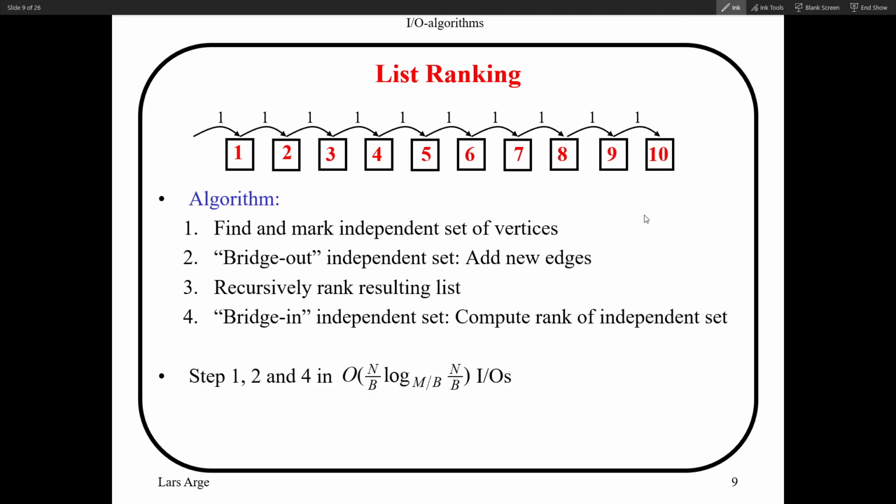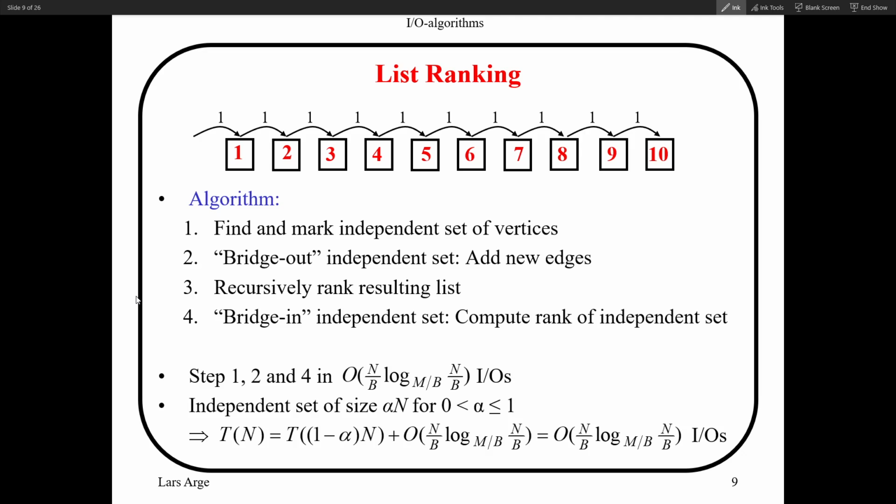And if we can do steps 1, 2, and 4 in sort IOs, then we're done. Step 3 is obviously the recursion step, so there's nothing we can do about that. And then the recursion ends up being something like this. If you can find an independent set of a big enough size, say alpha times n, in other words a constant fraction of all the elements, then in the recursion we have at most this much to recurse on, plus the cumulative IOs that we spend for steps 1, 2, and 4.